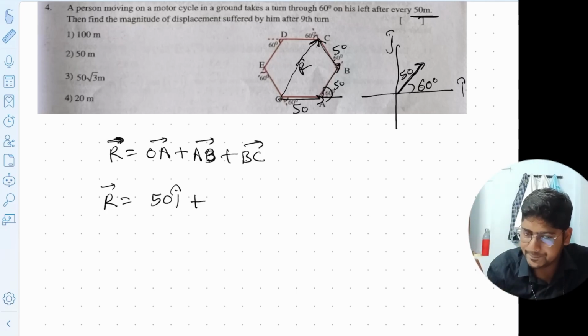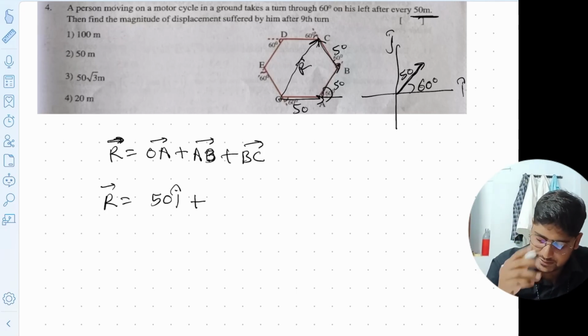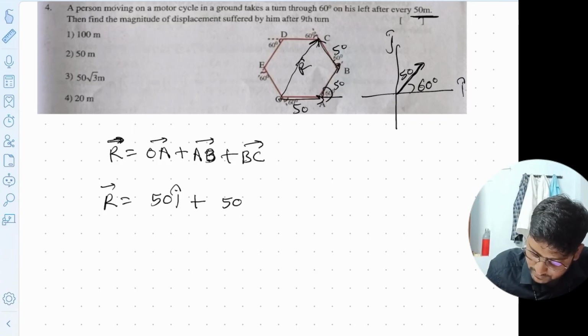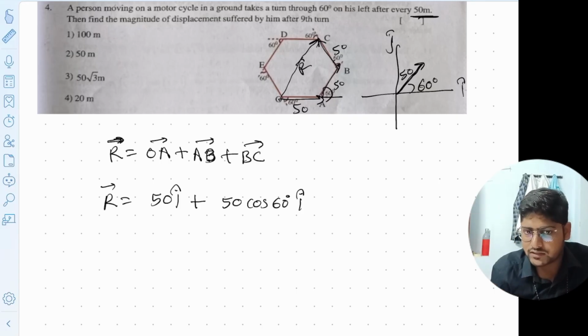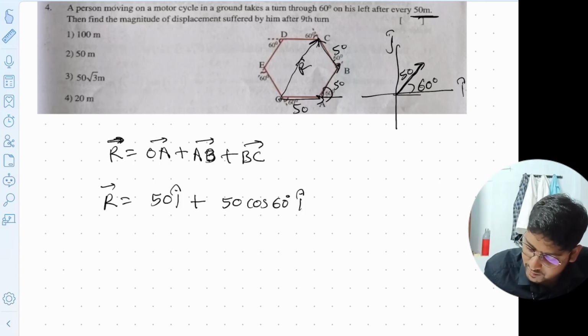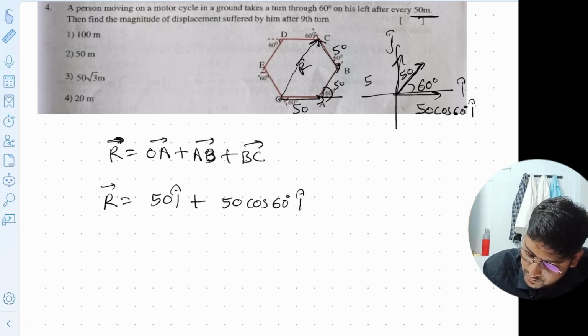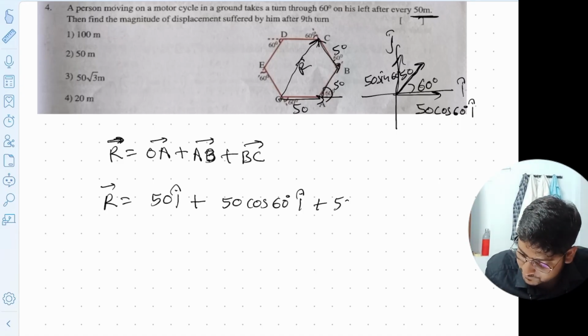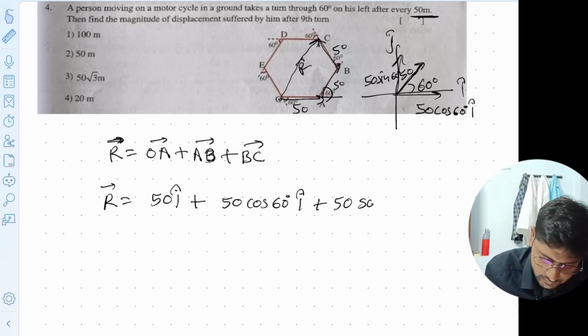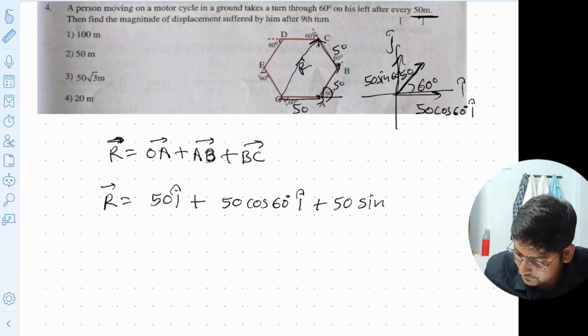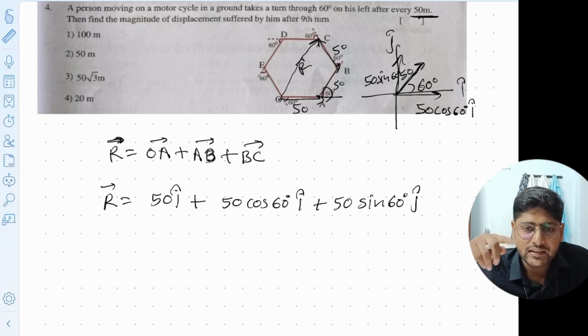So 50 cos 60 in the I cap direction, plus 50 sin 60 in the J cap direction. OA vector complete, AB vector complete.